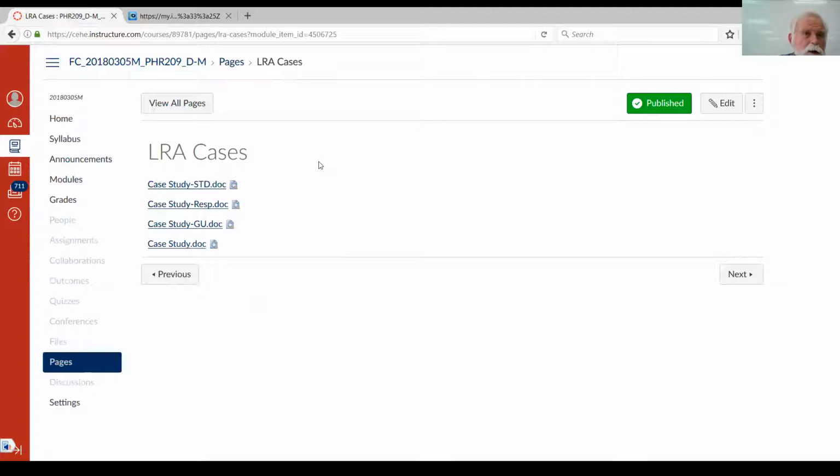Genitourinary. STD, okay. Okay, GU, okay. Sarai, respiratory or the sort of mixed bag case. You want to? Okay. Well, you can read the description. In fact, why don't you go ahead and open that case for each of you and read the description. See what you're getting into.